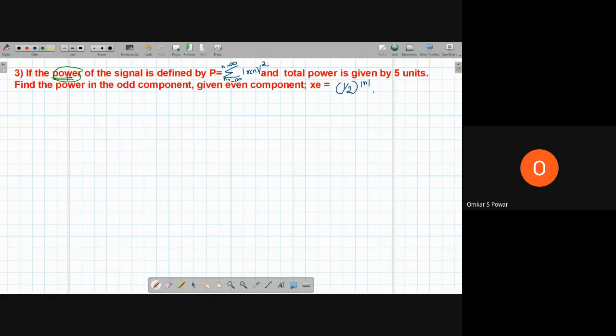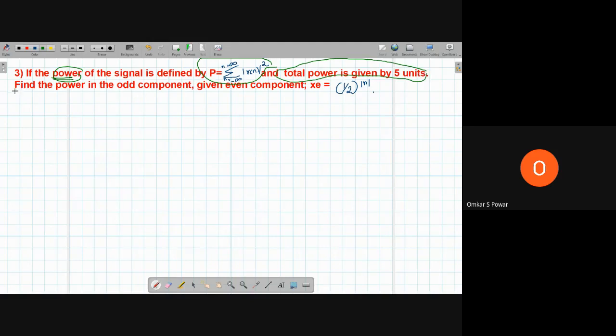The power of the signal is defined by summation n equal to minus infinity to infinity mod x of n the whole square, and the total power is given as 5 units. So they have given the formula and they have given the value.